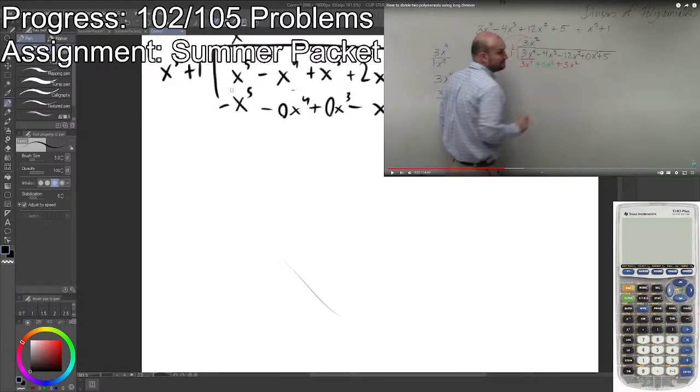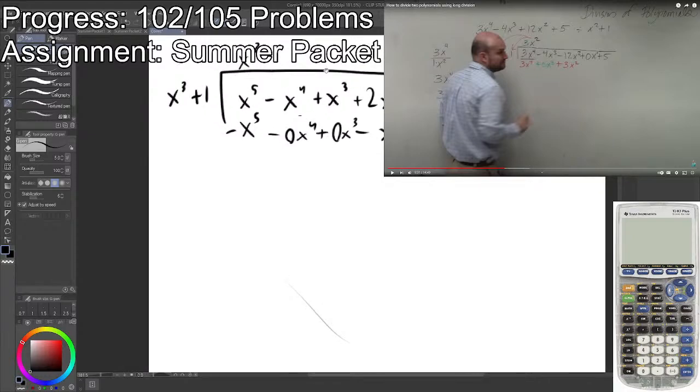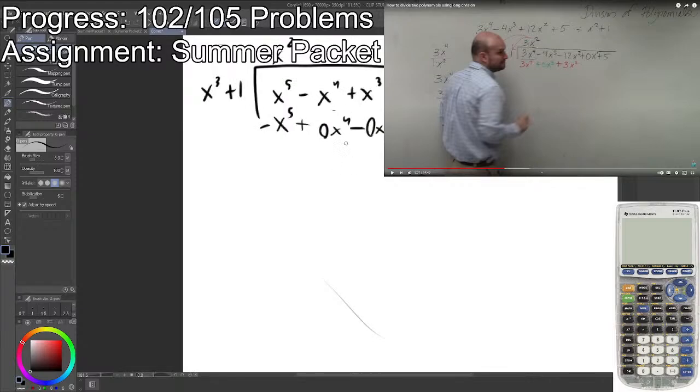Oh wait, this is a positive x squared, so it's a negative. It doesn't matter at all, but not for the zeros. So I'm left with negative x to the 4th plus x cubed plus x squared minus x plus 4.